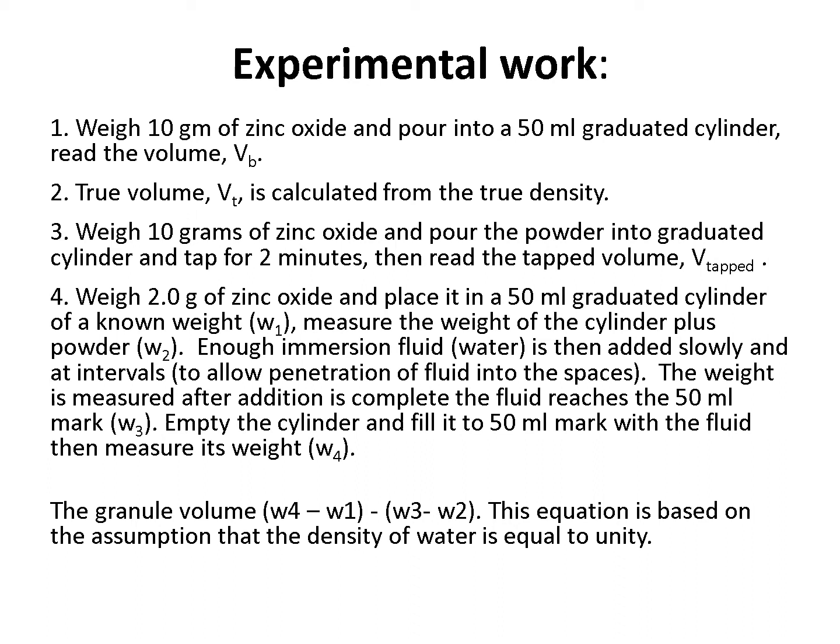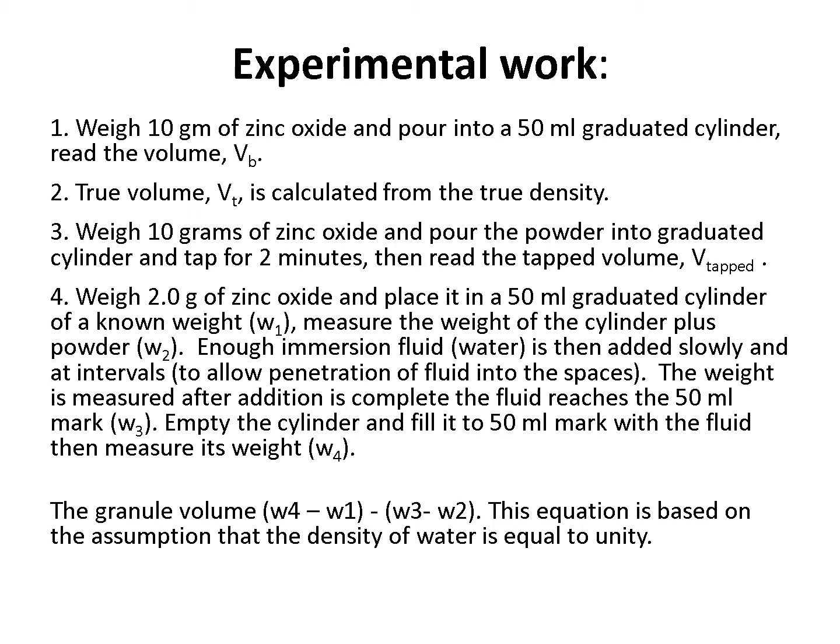W3 is the weight of the cylinder plus the powder plus the water, minus the weight of the same cylinder and the powder. It will give me the weight of water between the powders and the complementary, or to complete to 50 ml.